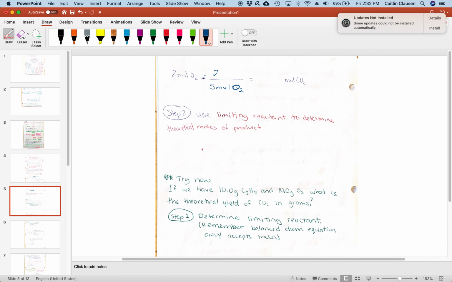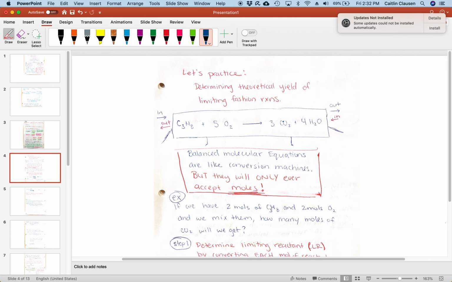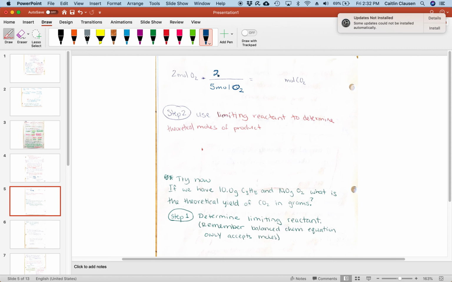I would get out 3 moles of carbon dioxide. Two times 3 is 6. 6 divided by 5.